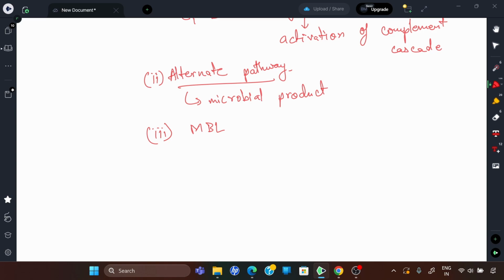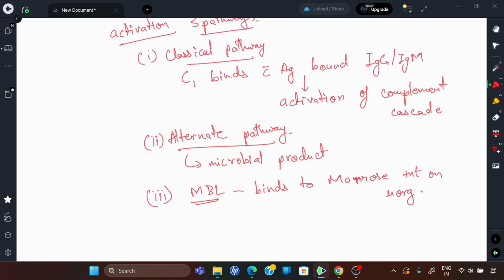What happens here is that the mannose binding lectin binds to the mannose present on the microorganism. So these were the three pathways which help in activation of the complement system.